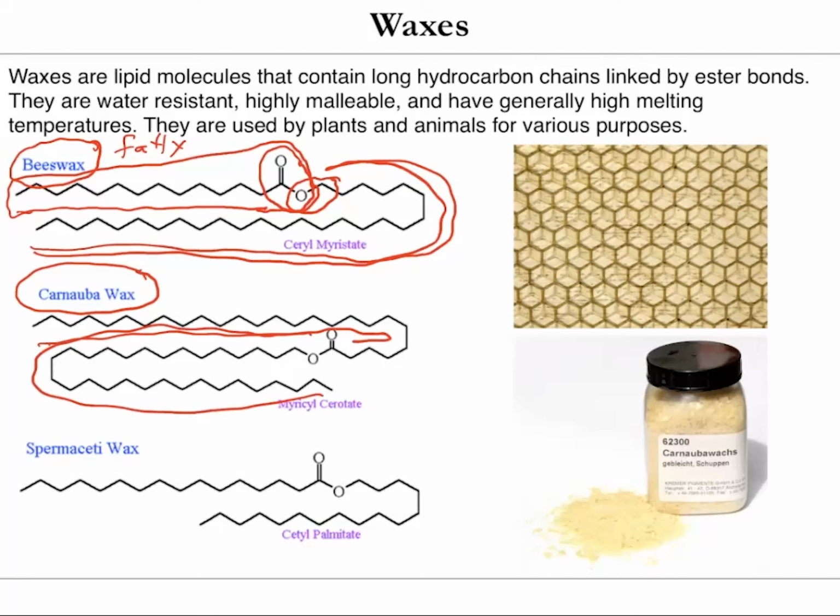And then spermaceti wax, which we'll talk about in a minute, which actually comes from the head or the melon of sperm whales specifically. And so it has sort of shorter hydrocarbon chains, but they're all linked by these ester bonds right here. So these types of molecules are something that you come in contact with very frequently, and these are also made from these lipid hydrocarbon chains.